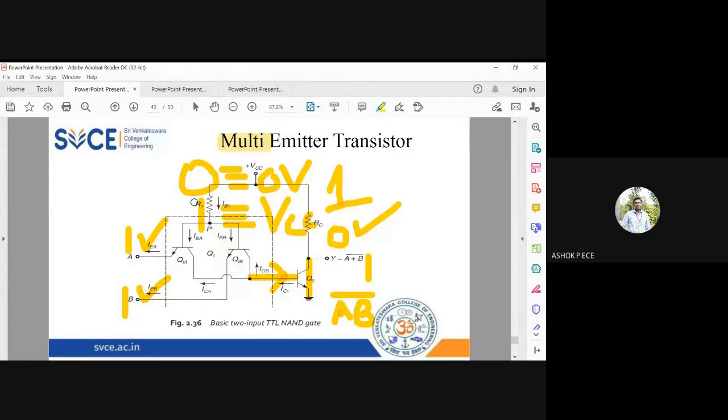Don't confuse these two things. 0 means 0, so don't think 1 means I should give 1 volt. No. 0 is 0 volt and binary 1 means VCC. Some transistors use plus 5 volt, some use plus 10 volt, some use plus 12 volt. So depending on whatever value of VCC you are using, you have to fix that as the voltage for binary 1. So in this way, this multi-emitter transistor is used as a simple NAND gate.